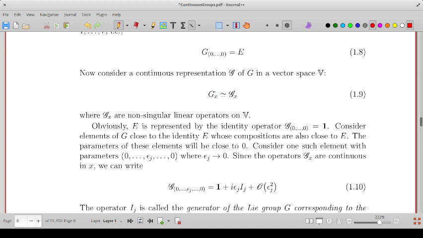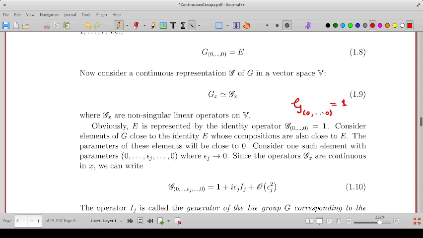So we would say that G(x) is isomorphic to these elements, the representation elements. So obviously the identity is represented by the identity operator. So the linear operator corresponding to the identity element, and that corresponds to the parameter value 0 for all x_i's, will be equal to the identity operator.